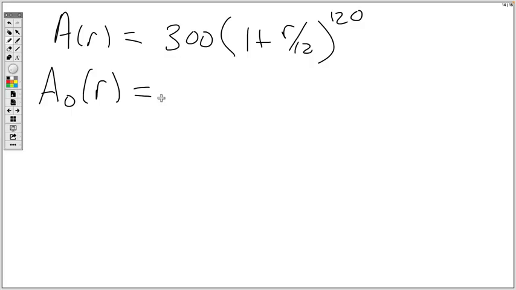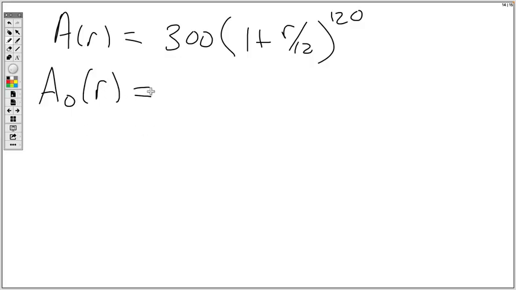So all these interest rates are numbers close to 0 anyway. So it makes sense to linearize this, because if you imagine trying to actually calculate this, of course you've got calculators and stuff, but the 120th power can be a challenge even for machines, depending on what's going on in there. If your r is really, really small, the calculator might not be able to distinguish what's going on in that from 1. You follow?